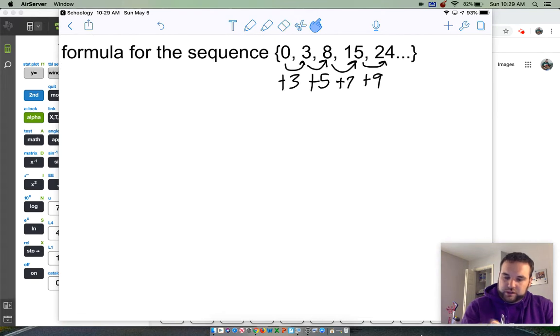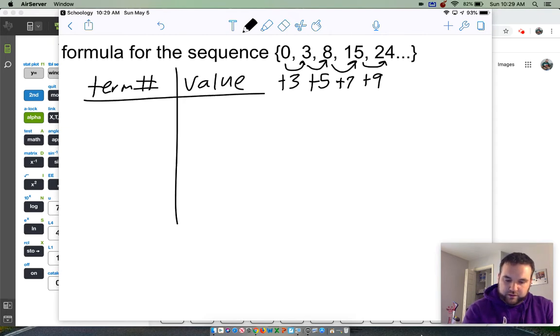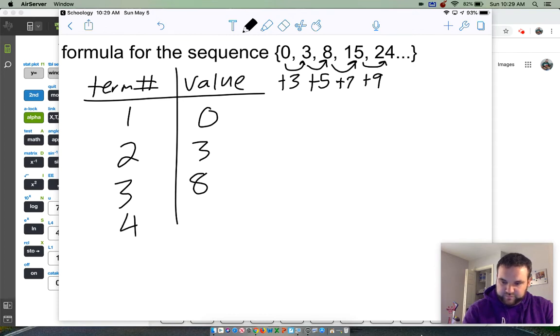So the easiest way to do this is to figure out a relationship between the term number and the value. So we're going to make a little table here. The first term was 0. The second term was 3. The third term in the list was 8. The fourth term is 15.